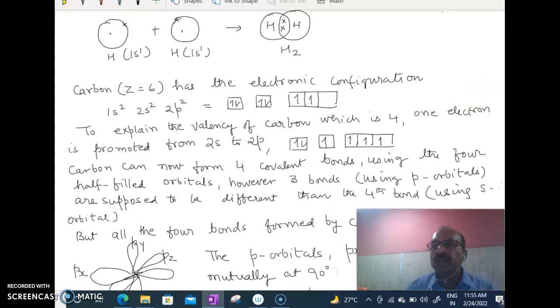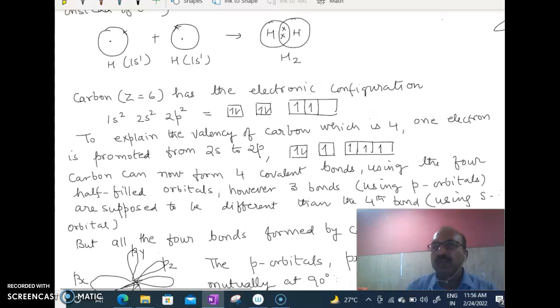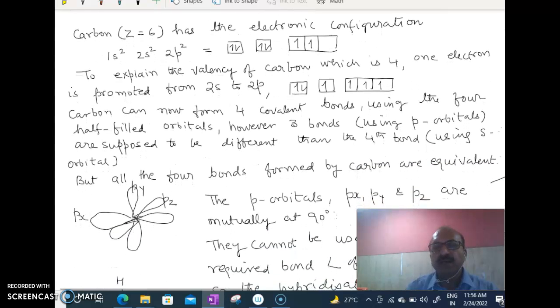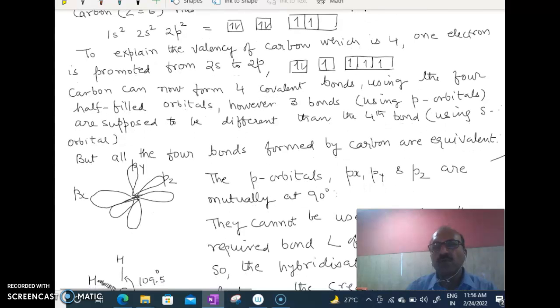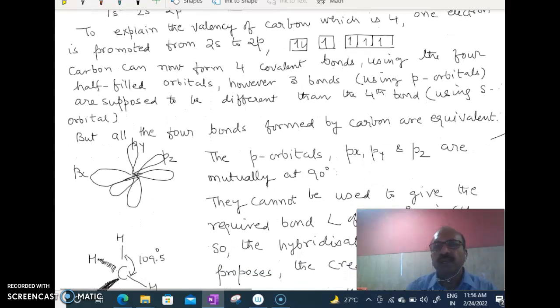But here again we are faced with another difficulty: even though carbon can form 4 covalent bonds as seen in the electronic configuration, still all the 4 bonds formed by carbon are not going to be equivalent, because 3 of them would be formed by using the p orbitals and 1 bond would be formed by using an s orbital.